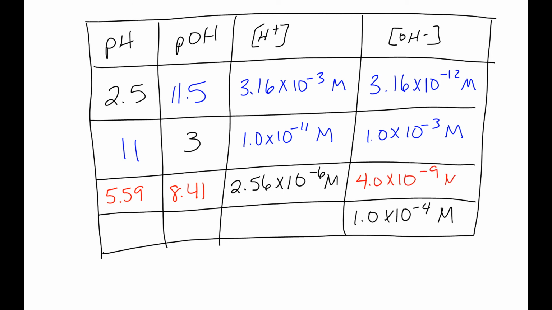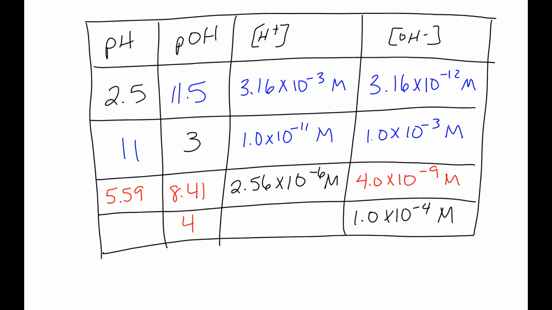And unfortunately, my calculator only goes 9 digits, so it kind of rounded it to 0.000004. So I don't know for sure if it's 4.0 or 3.96 or 3.9 something, but I'll check it tomorrow in class. Okay, so now the last one's pretty easy.